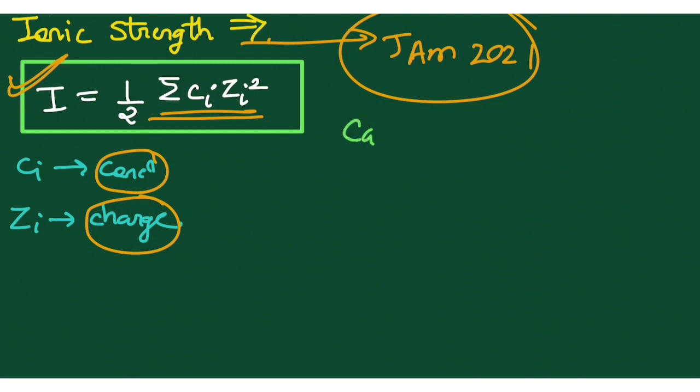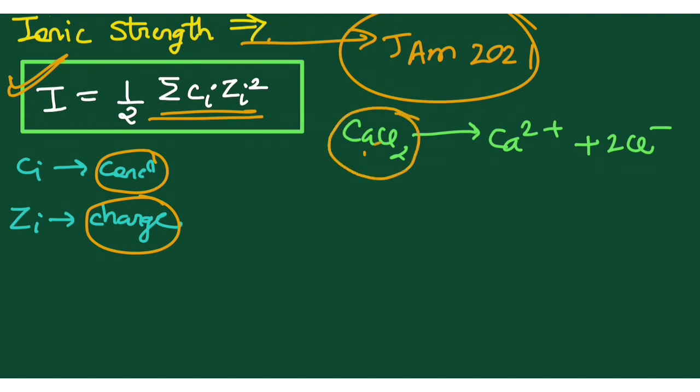For CaCl2, the first thing you will do is dissociate: Ca2 plus 2Cl minus. Then you will check the concentration. Say the concentration of the electrolyte is X. Now for the ions, for calcium 2 plus it will be X, and for Cl minus it will be 2X.